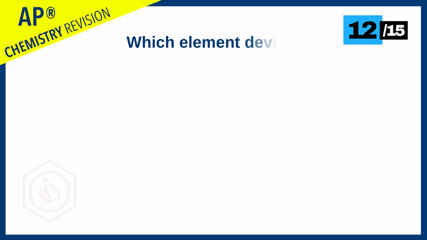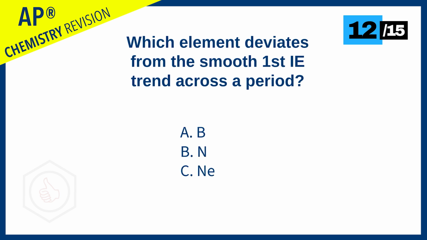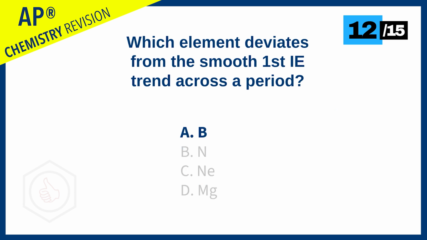Which element deviates from the smooth first ionization energy trend across a period due to starting to fill a new subshell? Boron, nitrogen, neon, or magnesium? The answer is boron, because boron has a slightly lower first ionization energy than the element before it, beryllium.